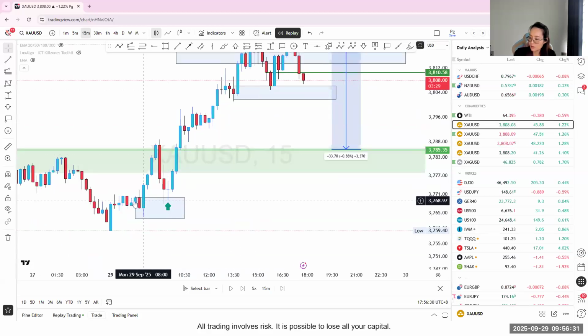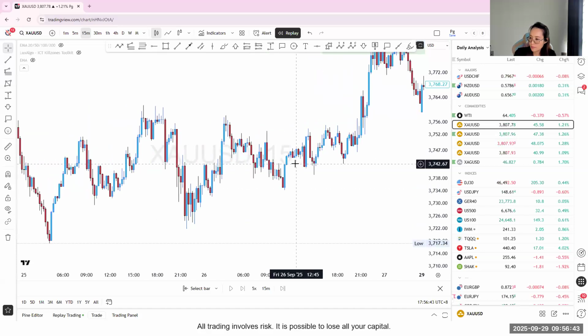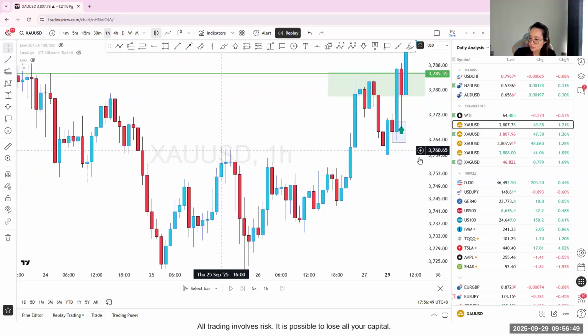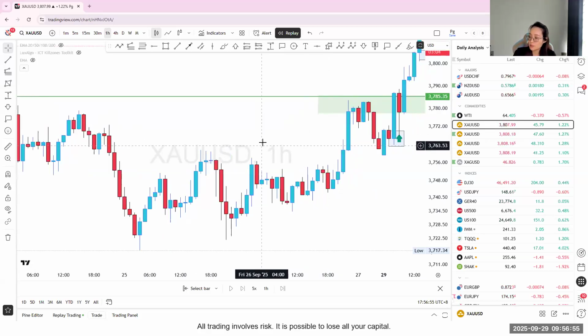You can see that it comes from the bullish engulfing, the evening star, the morning star. You can see the momentum. Actually, there's so much price action in gold. You can use the price action for confirmation as well.